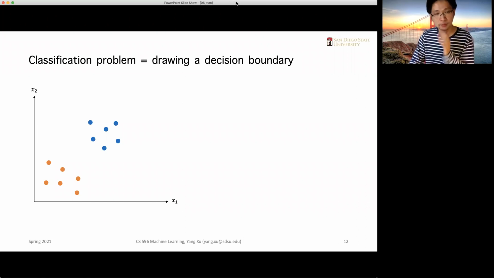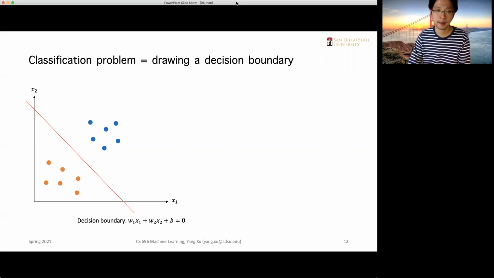It basically considers the classification problem as a process to decide the decision boundary. Imagine we are trying to draw a decision boundary to separate the two classes, and we've got two features, x1 and x2. We try to separate the two classes.